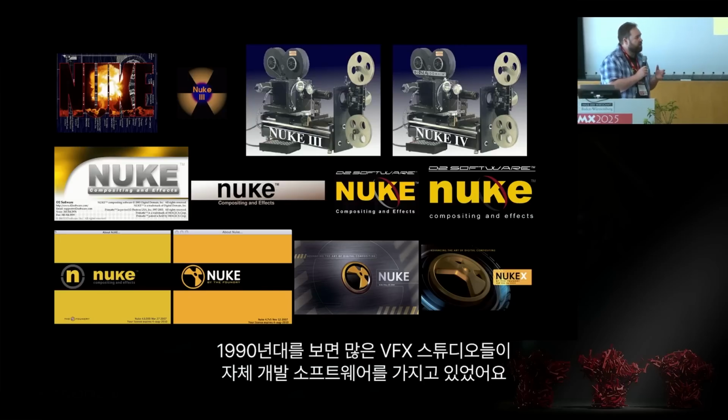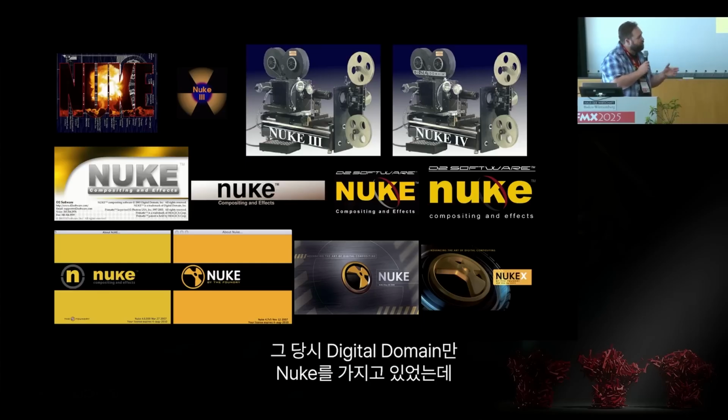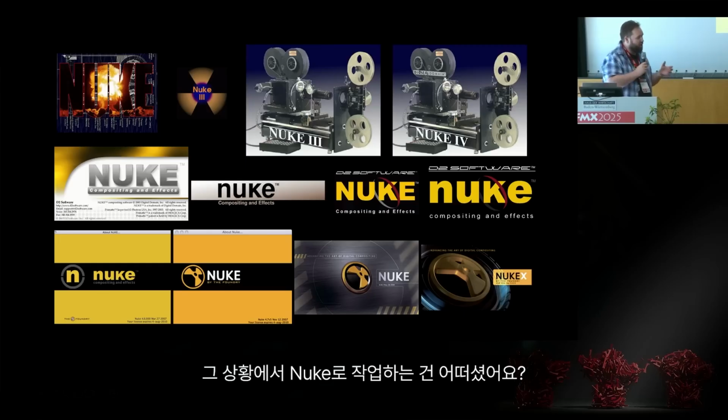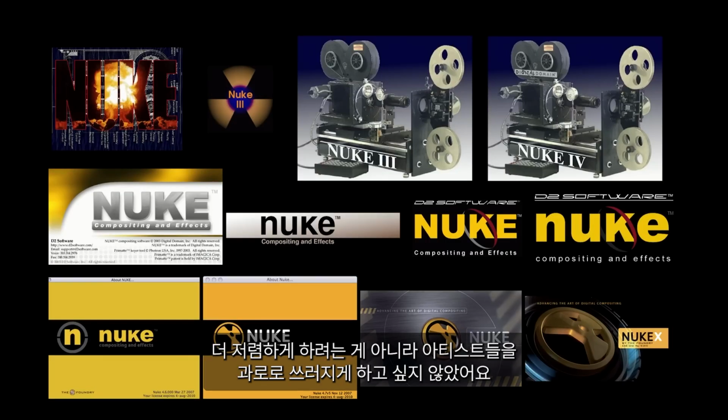The 90s had a lot of visual effects studios making proprietary software. Yes. And it was kind of the killer thing that they would probably use to help bid on jobs. But what was that like working in Nuke, knowing that only DD had Nuke at the time? The goal was to be more efficient with fewer people, not because we wanted to be cheaper, but because we didn't want to kill people.